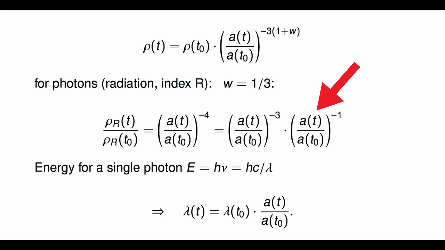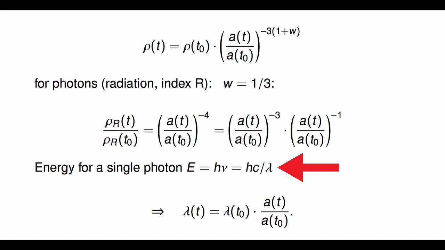The density changes more quickly. There's an additional power of minus 1 here. And there is not so much that this can actually be. So this actually tells us about something that is important for photons. What is the energy of a photon? We know it's E equals h, Planck's constant, times the photon's frequency.